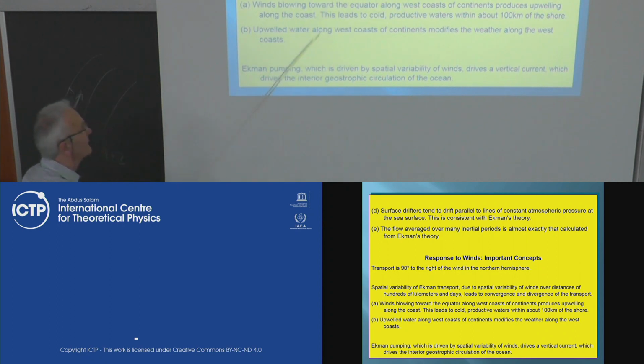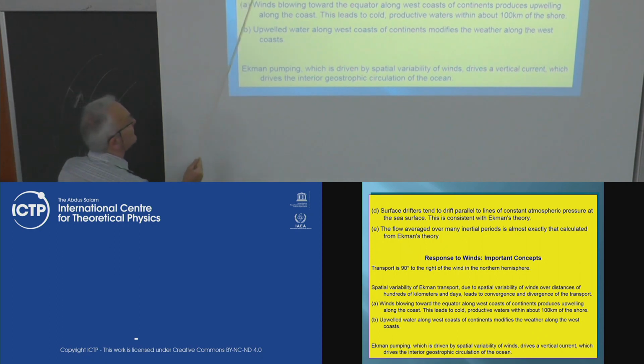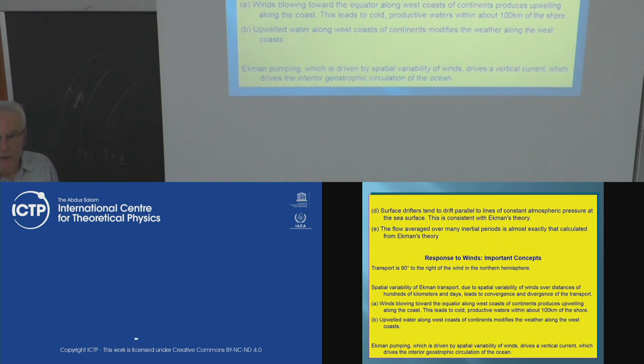Another important point as far as the influence of the wind is concerned is that the total mass transport at the surface is 90 degrees with respect to the wind in the northern hemisphere. So the very surface flow induced by the wind is 45 degrees with respect to the wind.